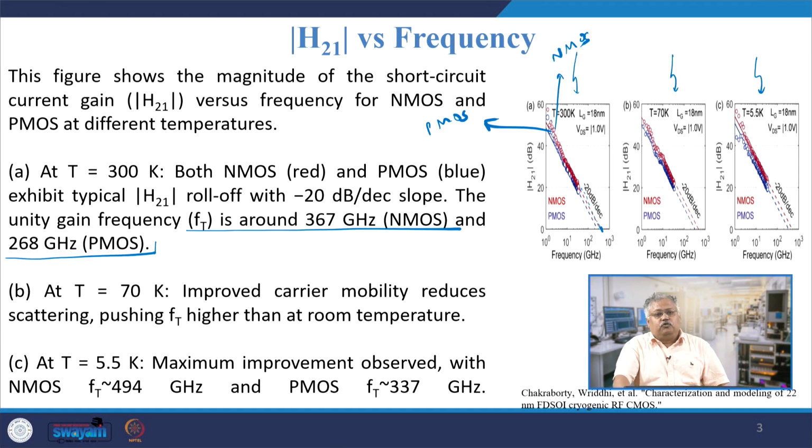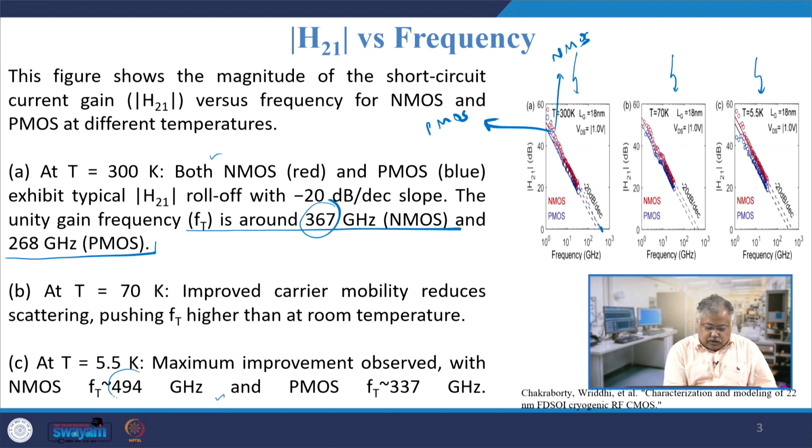For NMOS the FT is around 494 gigahertz and for PMOS it is about 337 gigahertz. So, if you compare 300 Kelvin with this one, this is 367 here and this is 494 here, right. Typically the difference between the two is about 130 gigahertz.